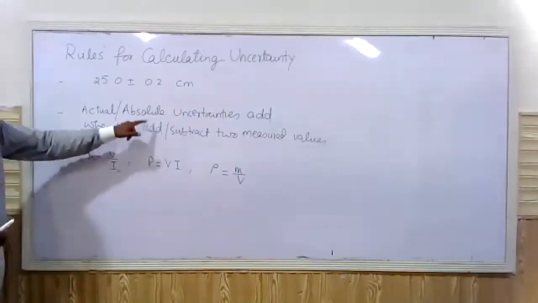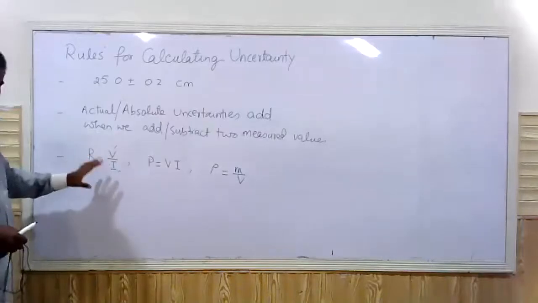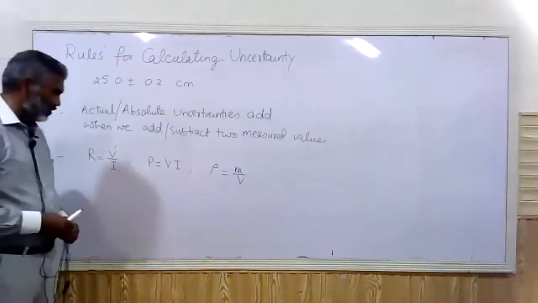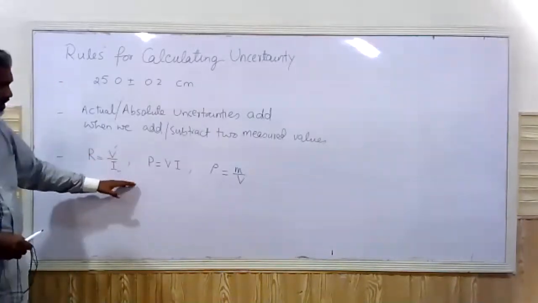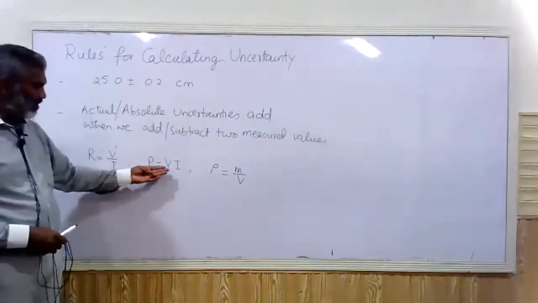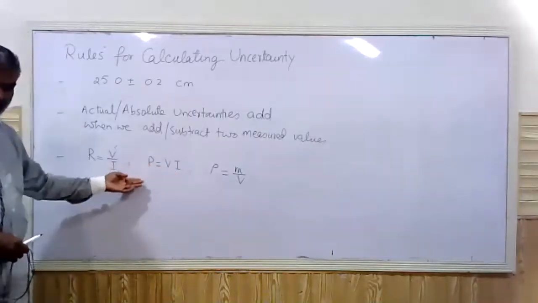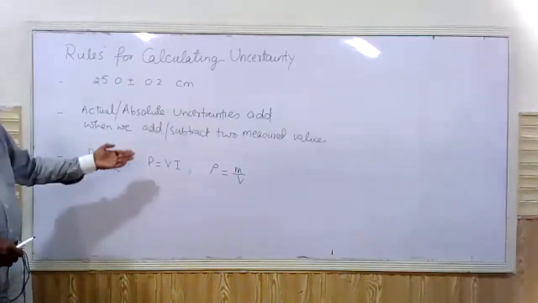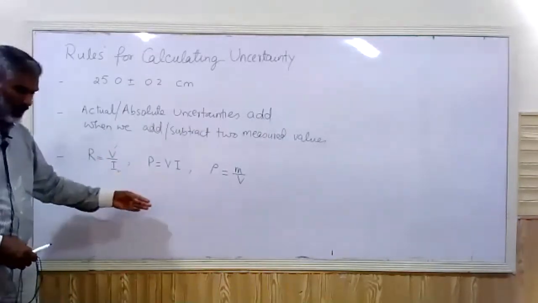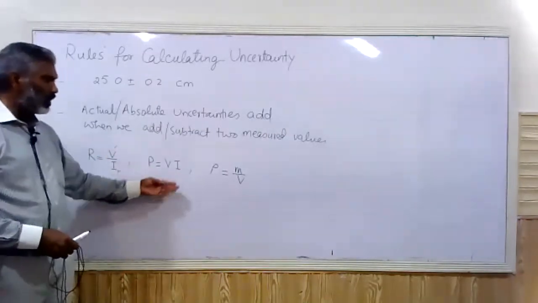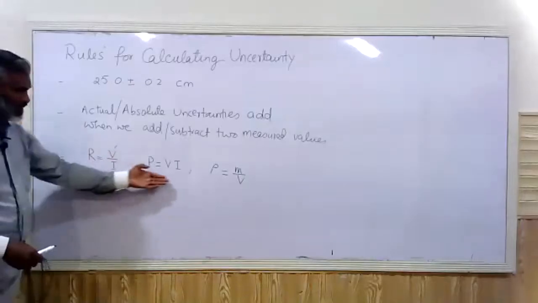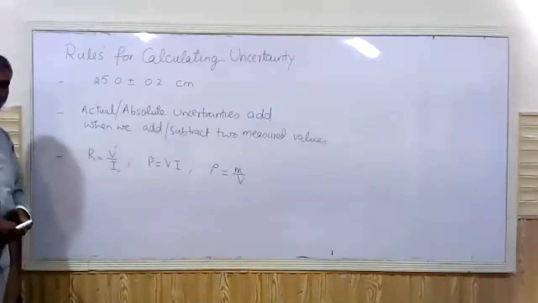We don't simply add them like this, but there is some addition, but slightly different way of adding them. Similarly, if I have the value of V and I, and I am required to calculate the power dissipated along with the uncertainty involved, again there will be a certain rule. For all these formulas, we have the same rule.